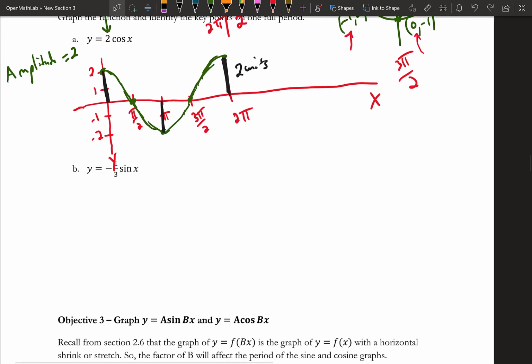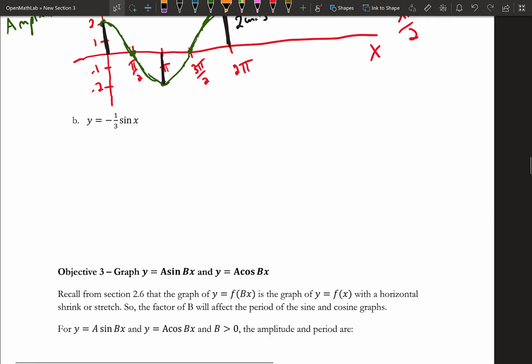So then if I look at part B, this tells me a couple of different things. If I look at this amplitude, the negative sign tells me that it's a reflection about the x-axis. And so A is negative 1/3.